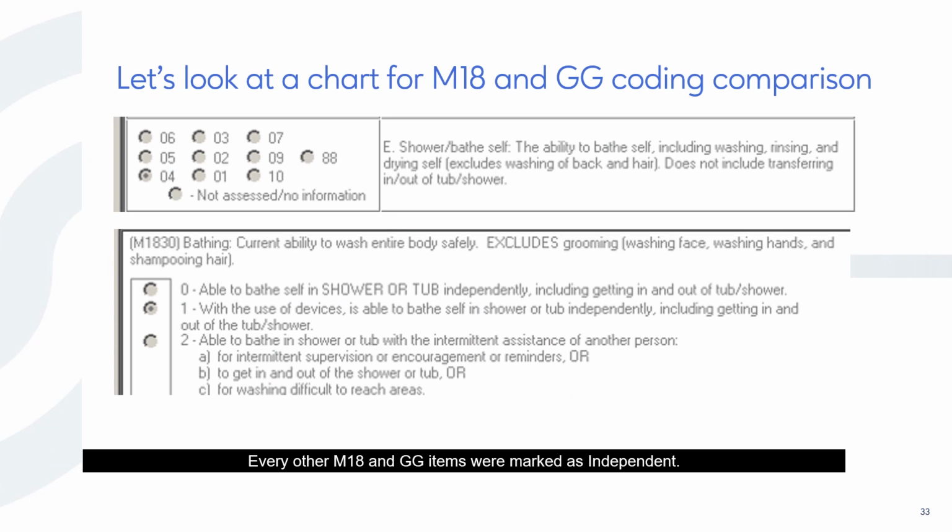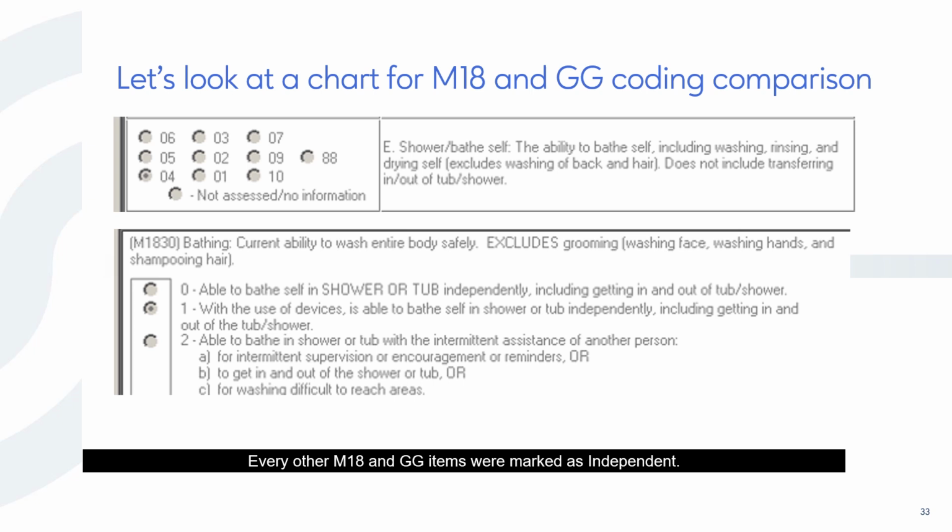So I did some digging around in the charts, and I found some comparisons to throw up, points to ponder. On this one, I pulled out the GG item for showering and bathing, and it was coded as a 04, which is your standby or contact guard assistance. So a human is needed, right?